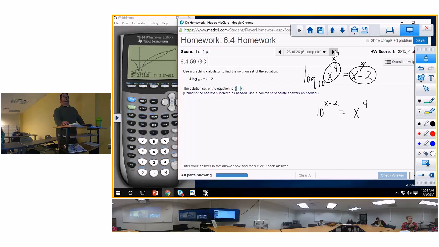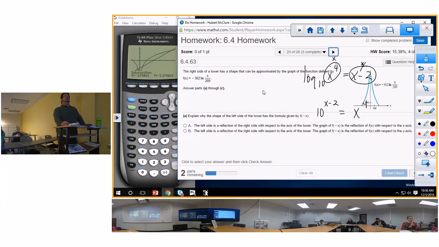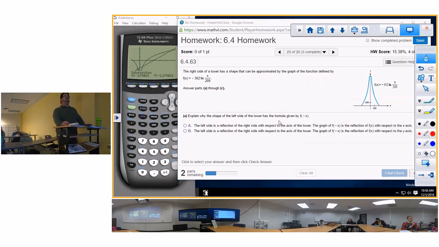Next one. Use graphing utilities. Okay, so do the same thing. Graph both of those and find the intersections. I thought they were wanting you to do it algebraically. Let me see what this one says. This one says the right side of the tower has a shape that can be approximated by the graph of the function defined by that.